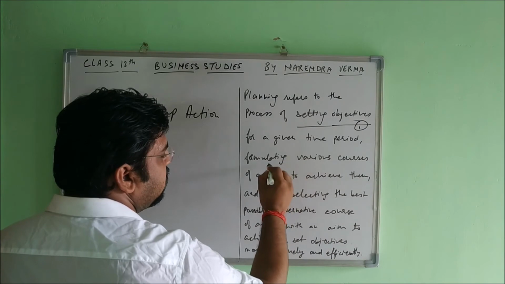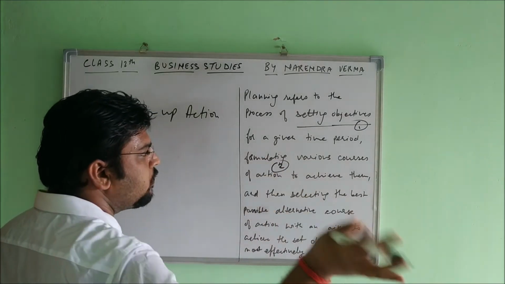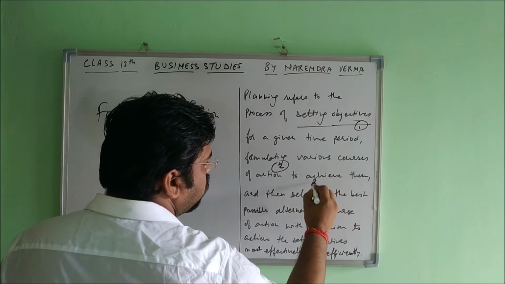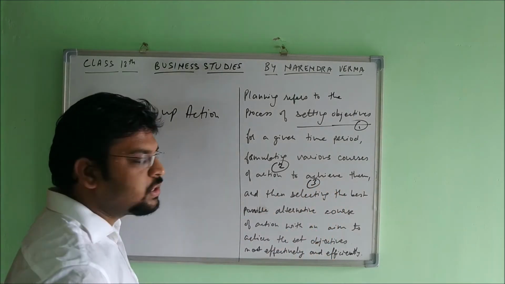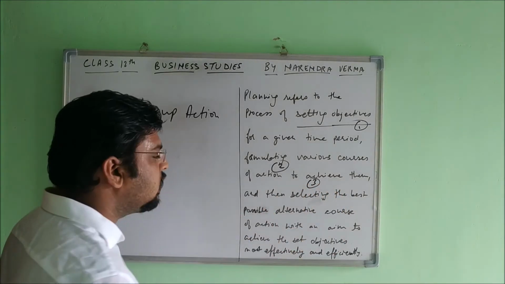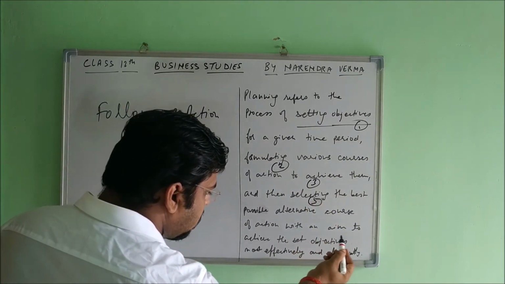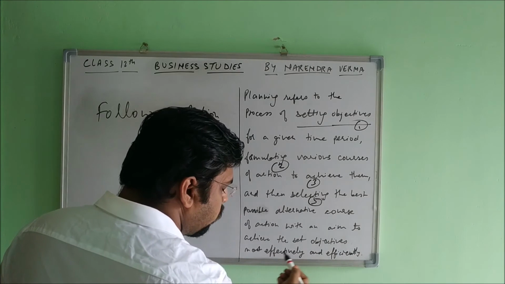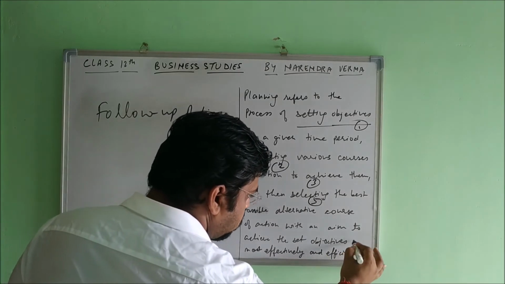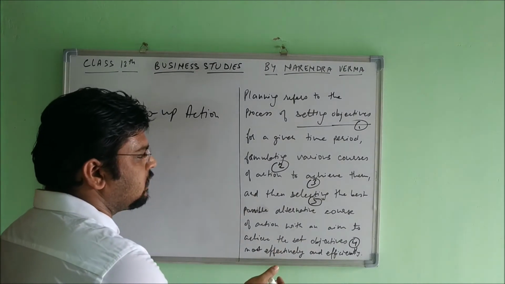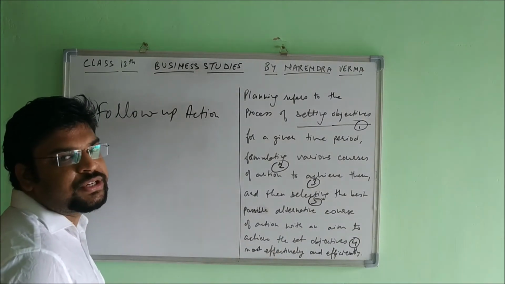Developing premises also comes here. Various courses of action to achieve them, that is identifying various alternatives, and then selecting the best one. This is the 5th step, with an aim to achieve the set objective most effectively. So here we just follow up to the 4th step, evaluation, and the rest relates to implementation and follow-up.